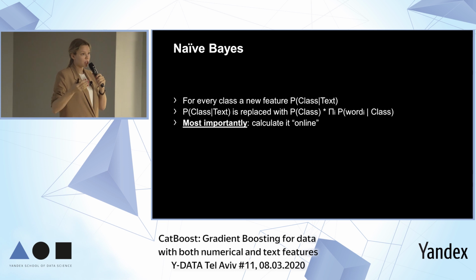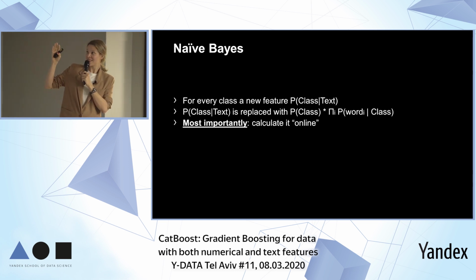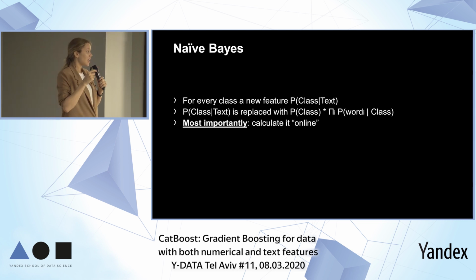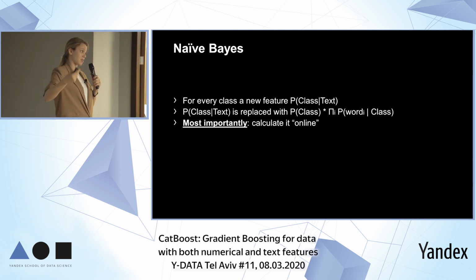My new numerical feature will be the probability of having this class given my text. For example, if I'm solving the rating problem, let's say the answers are good, bad, and average. So my new feature values will be the probability of having a good review given this text, the probability of having a bad review given this text. And you calculate this using naive Bayes.